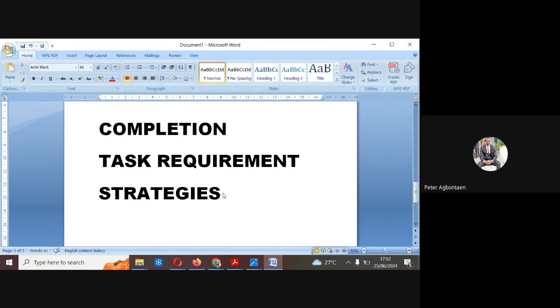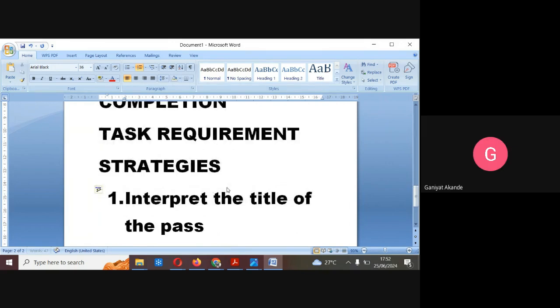When you are faced with a question like this, what do you do? What are the steps you take to be able to successfully answer a question like this? So these are the steps. Number one is to interpret the title of the passage. Dealing with completion questions, the first thing you've got to do is interpret the title of the passage.